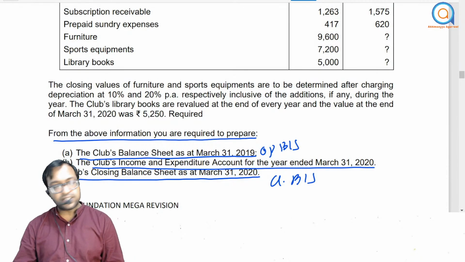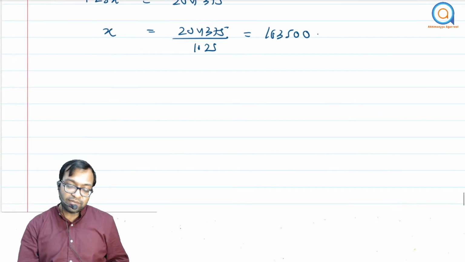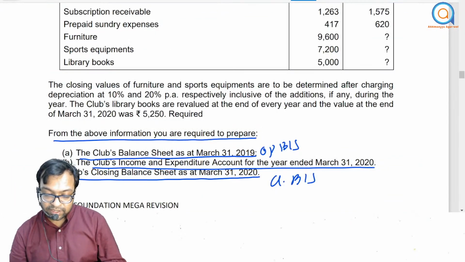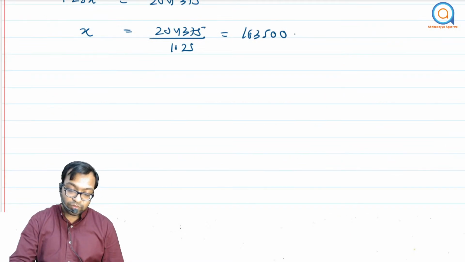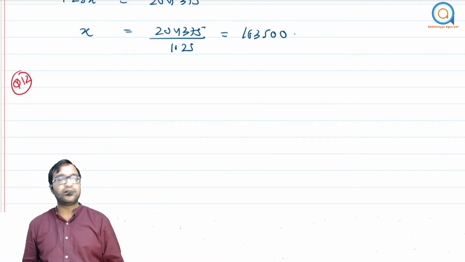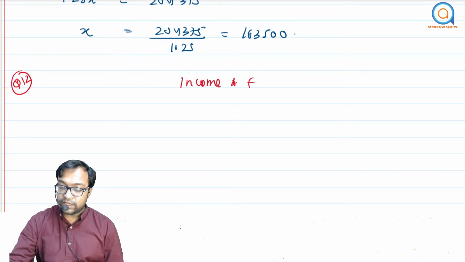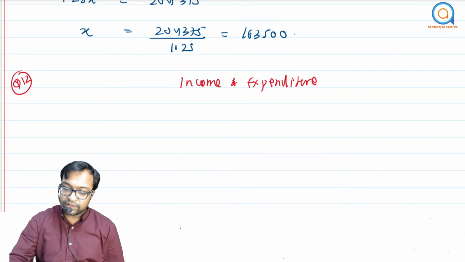So what I will suggest, before even reading the sum, is that you draw the format. This is question number 12 for you. First we will prepare the income and expenditure account. You should write Sports Writer Club in the heading.